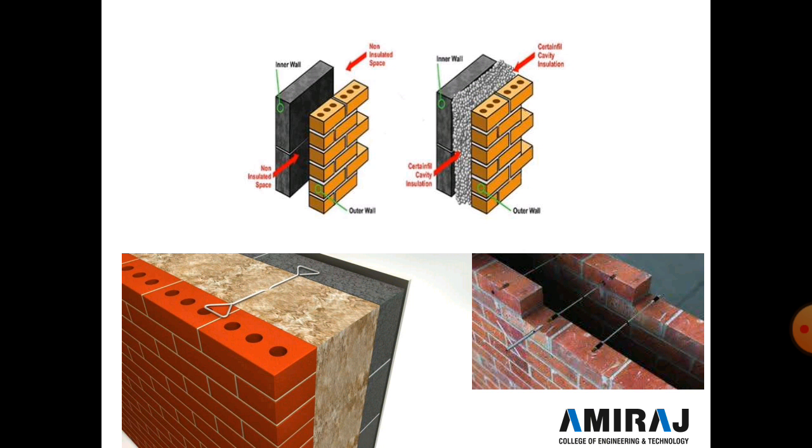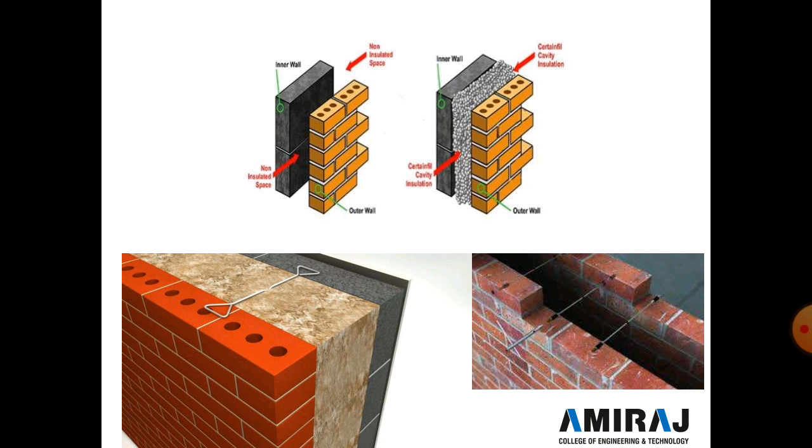In figure number 2 we see an arrow is provided to bind the two walls, inner and outer wall, by this arrow. Clear? Same here in figure number 3, a wire binds the two walls, inner and outer, and between the two walls a gap is provided.